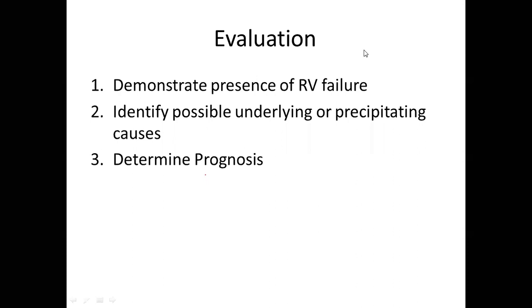The second aim is to identify the possible underlying or precipitating cause, because addressing this may be curative, and also useful in relieving symptoms, and more importantly, in determining prognosis of certain cardiopulmonary pathologies. So the presence of RV failure, as I've alluded to previously, indicates that patients with RV failure have higher mortality and other worse endpoints. So determining RV function is critical.